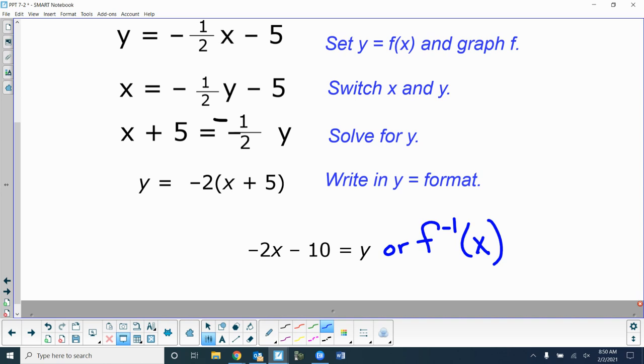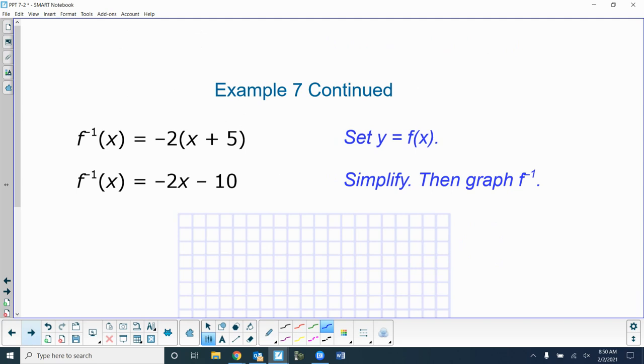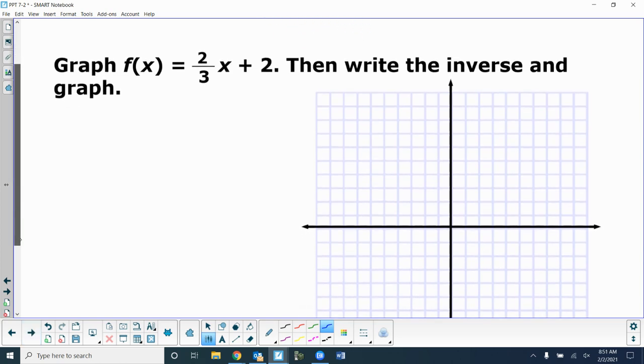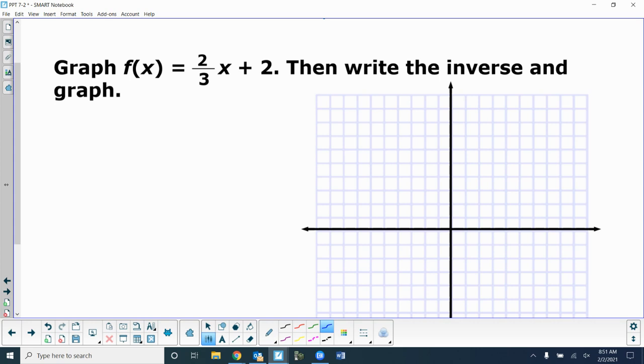We made f of x the y, then we did what? We switched them and solved for y. Okay? If we graph them, all right, don't worry about the graph. Go ahead and find that inverse, please, on your own. Don't worry about the graph part, just find the inverse.